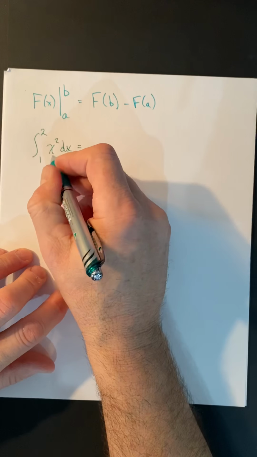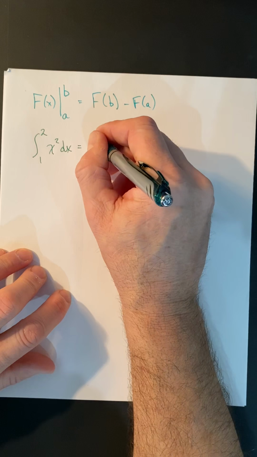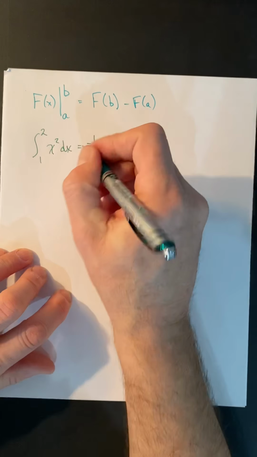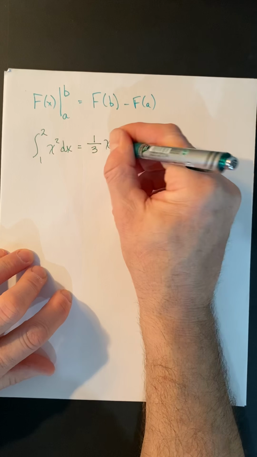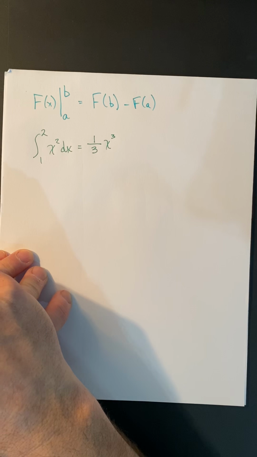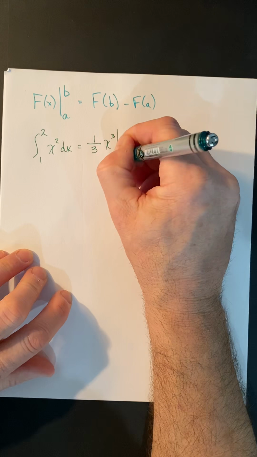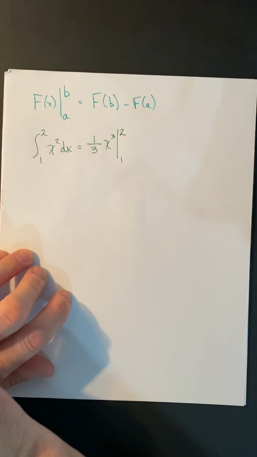Well, I know I need to identify n is 2, and my result here is 1 over n plus 1, so 1 over 3, times x to the n plus 1, or x cubed. And now I'm going to look at it from 1 to 2, okay?